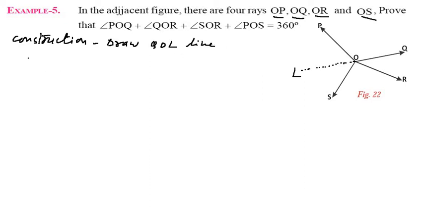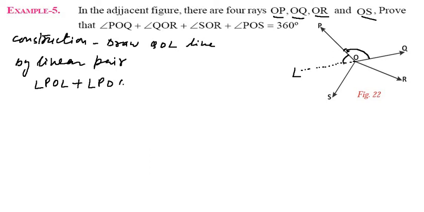So what will be by linear pair? By linear pair, this angle and this angle will be equal to 180 degrees. So you can write here angle POL plus angle POQ. These two angles equal 180 degrees. So it's your equation first. Now once again by linear pair.